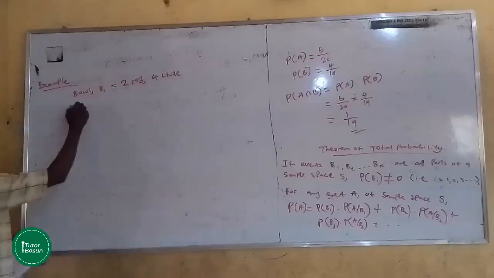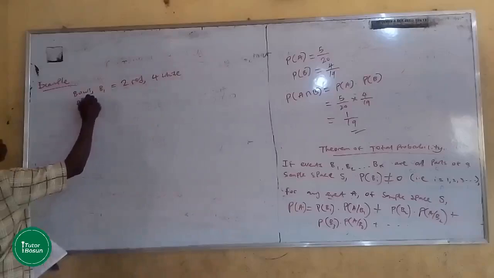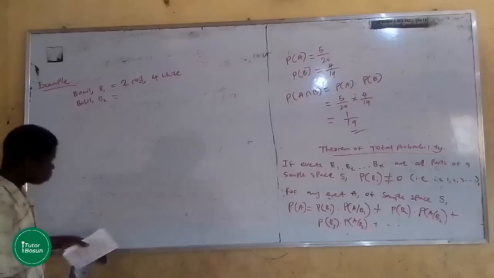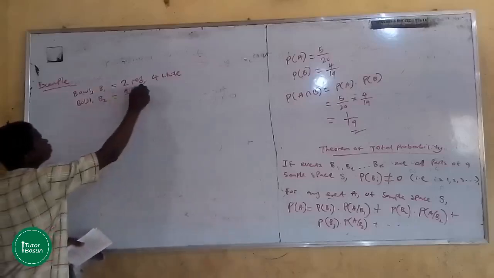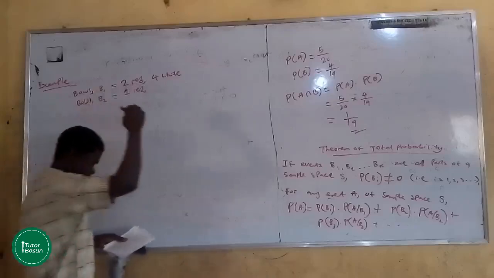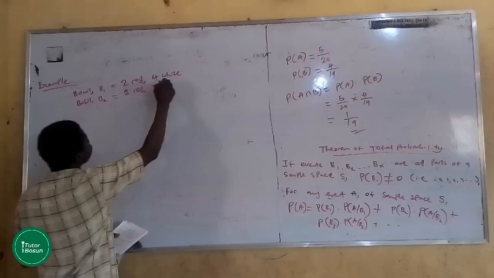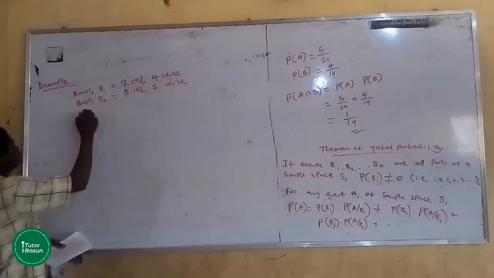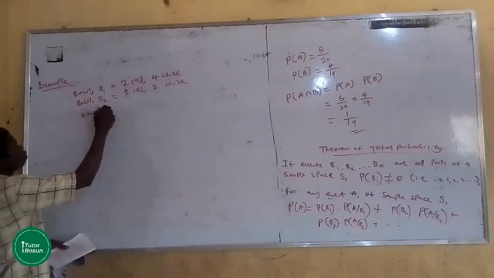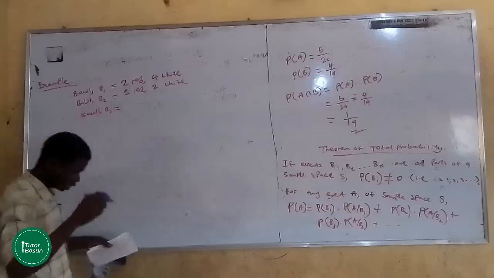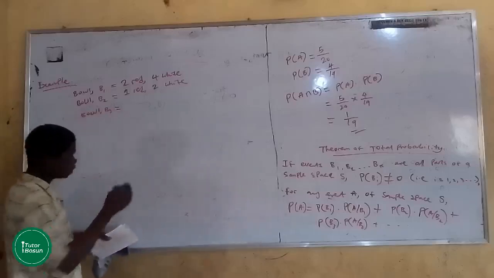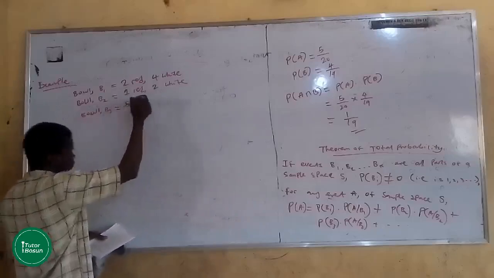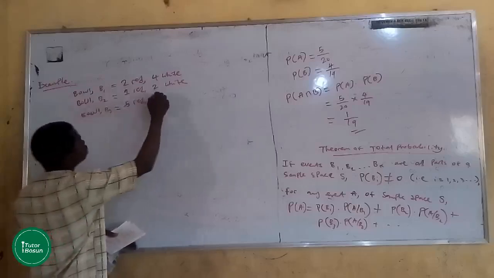Bowl B2 contains 1 red and 2 white chips. Bowl B3 contains 5 red and 4 white chips.